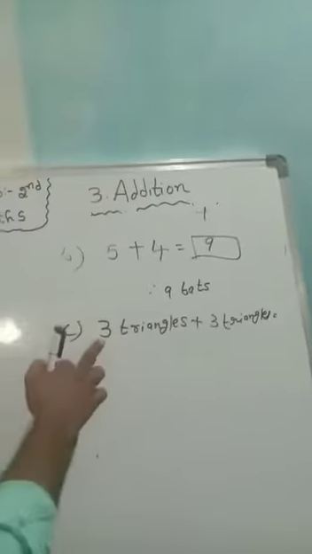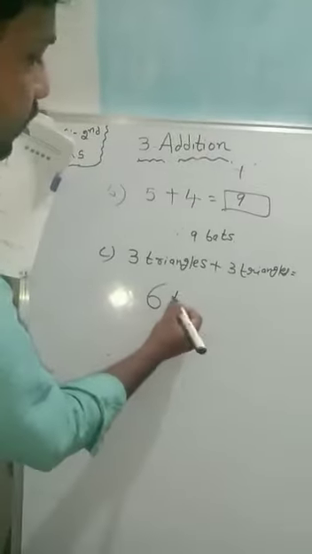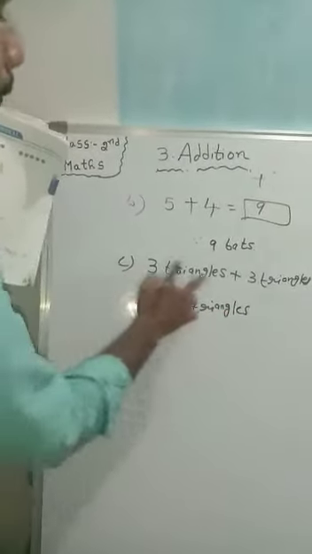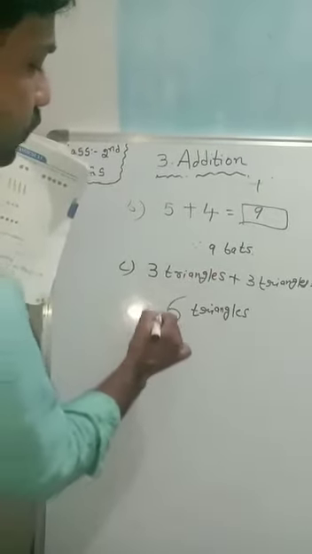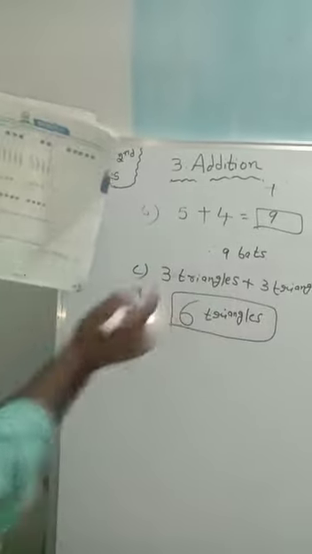So we do 3 plus 3. 1, 2, 3, 4, 5, 6. Total triangles is equal to 6 triangles. 3 plus 3 is equal to 6. Therefore your final answer is 6 triangles.